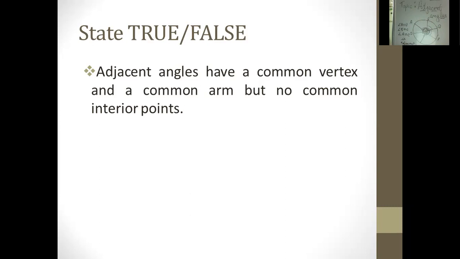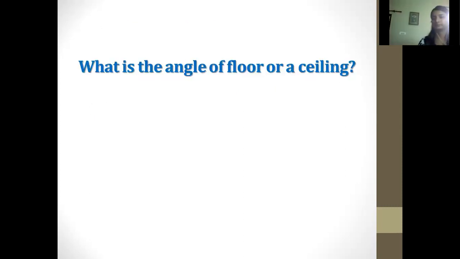If I randomly keep some point inside, is it common to each other? No, it lies in its own angle. So we would say that this statement is perfectly correct, so the answer is true.